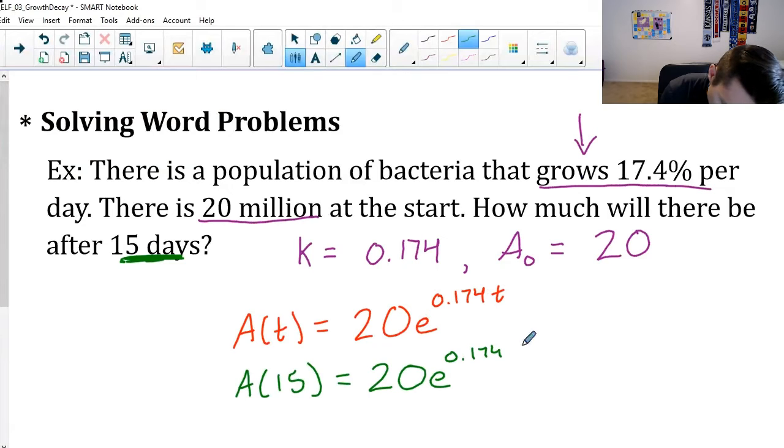It's kind of ugly. 0.174 times 15. So I'll bring up the good old calculator.